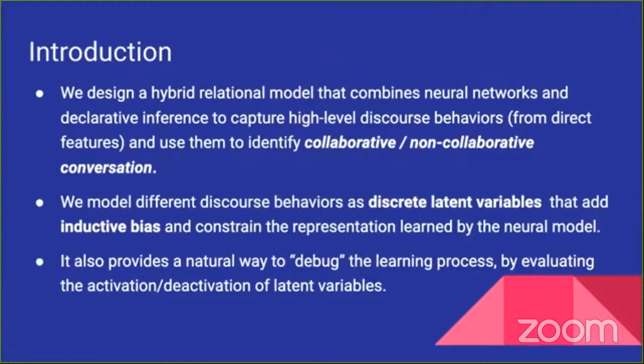So we designed a hybrid relational model that combines neural networks and declarative inference to capture these high-level discourse behaviors and use them to identify collaborativeness in a conversation. We model these discourse behaviors as discrete latent variables that add inductive bias and constrain the representation learned by the neural model. It also provides a natural way to debug the learning process by evaluating the activation or deactivation of latent variables.